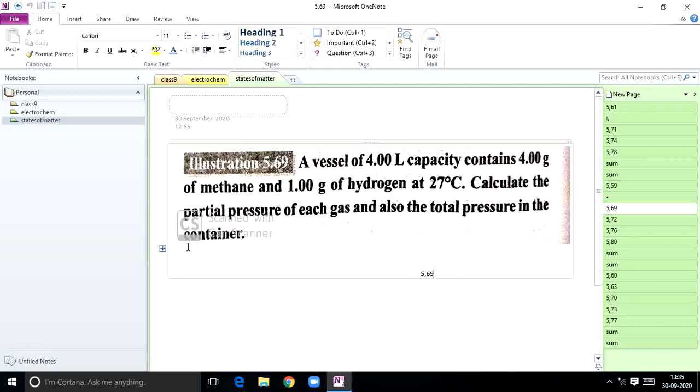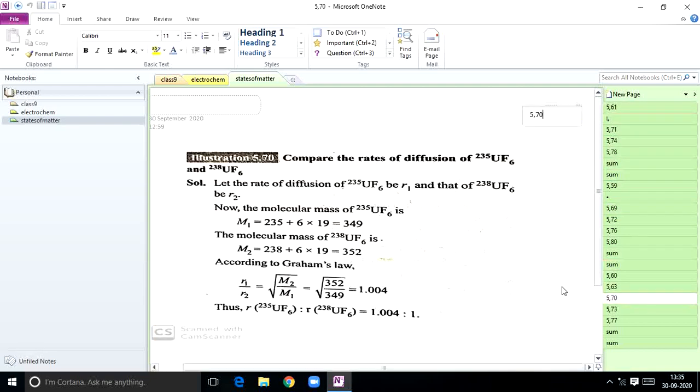Next, compare the rates of diffusion of uranium 235 UF6, that is the UF6 molecule with uranium isotope 235, and uranium isotope 238 F6. You already know that Graham's law of diffusion is mainly used for the separation of mixtures of isotopes.